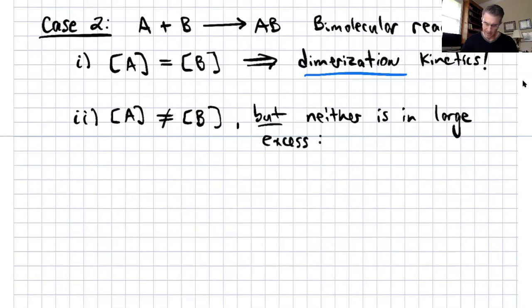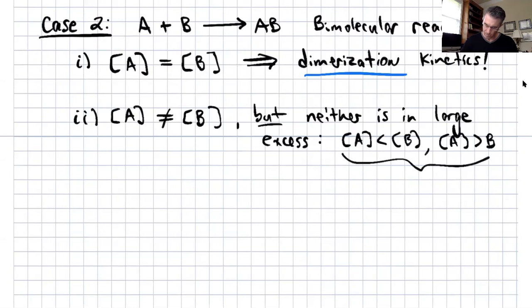And what I mean by that is, the concentration of A is less than B, or the concentration of A is greater than B, in both cases somewhere less than, say, a 10-fold difference, right? This is the more general case, right?